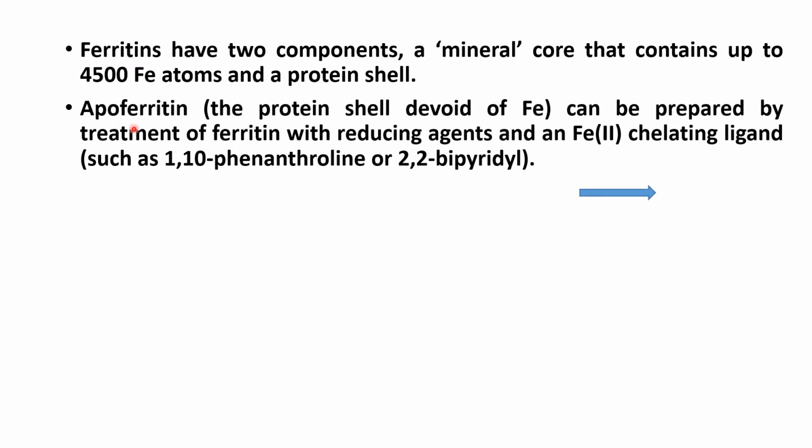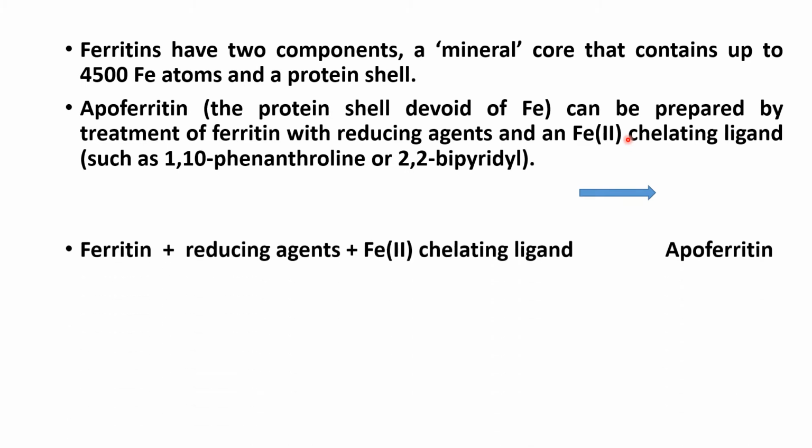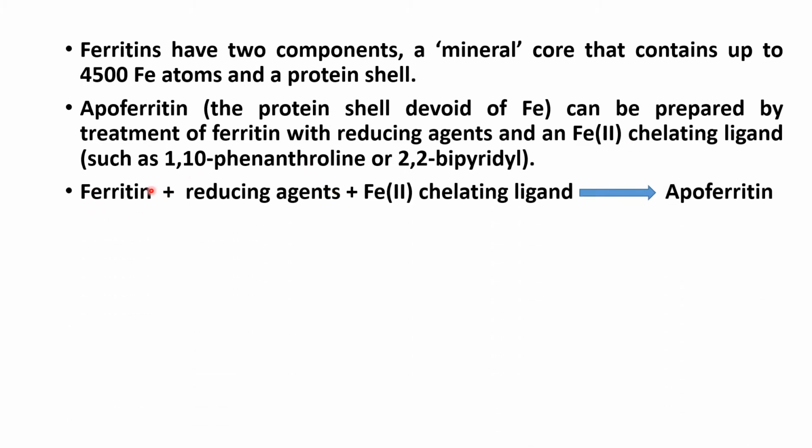Apoferritin, that is the protein shell devoid of iron, can be prepared by the treatment of ferritin with reducing agents and an iron-2 chelating ligand. So apoferritin can be prepared from the combination of ferritin plus a reducing agent and iron-2 chelating ligand, that is apoferritin without iron atoms.